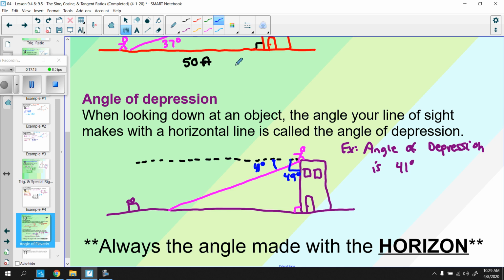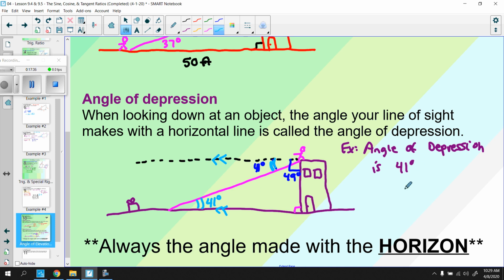I could also do this. This angle right here, if we're making the assumption, which we are, that the horizon line and the ground line are parallel, forms an alternate interior angle with this angle right there. So this would also be 41.